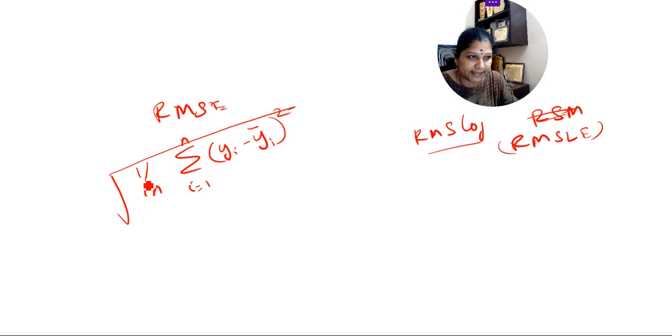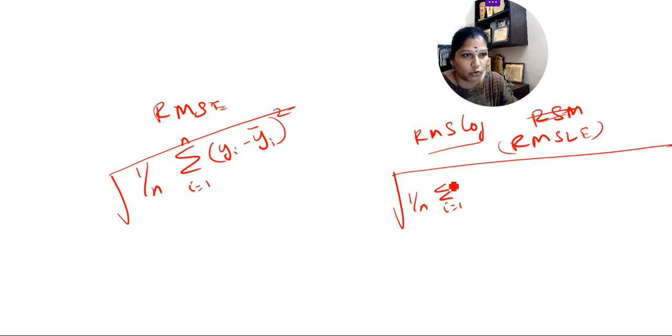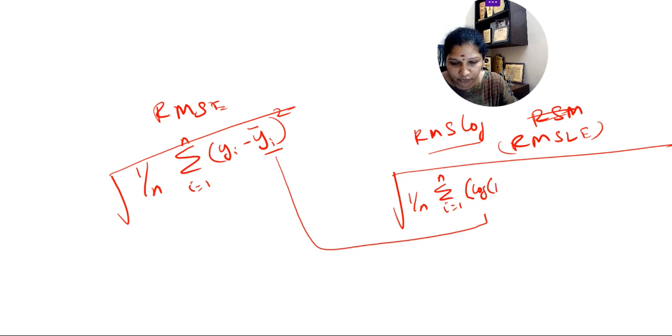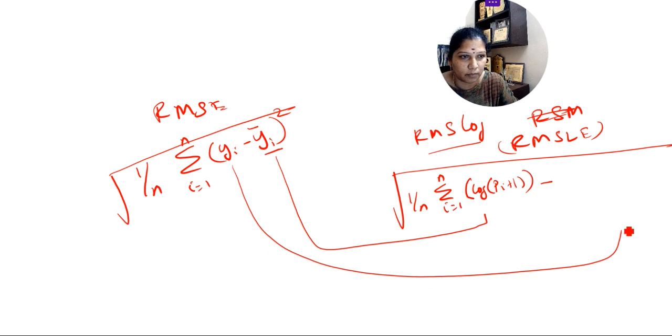So here the same thing comes, root of 1 by n, the same summation, i equal to 1 towards n. And kindly observe here, dear friends, here we are subtracting from the prediction. This comes first, so I'm going to make it log of p i plus 1, minus this one.